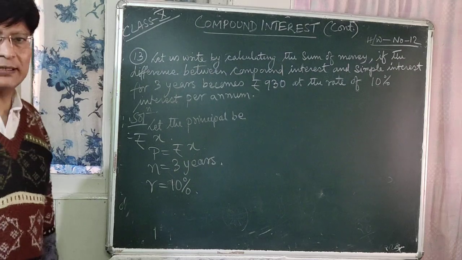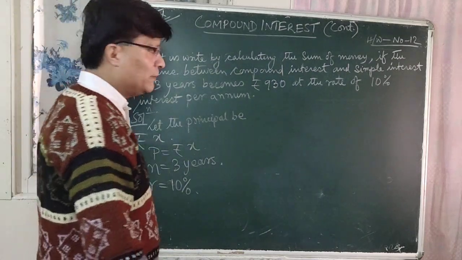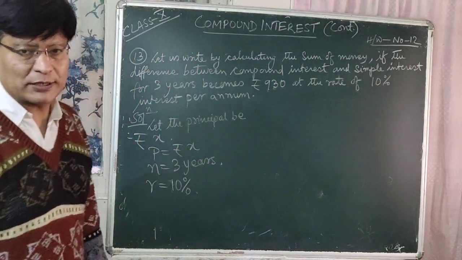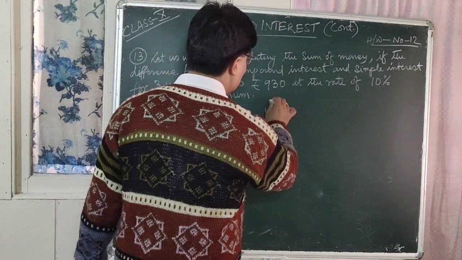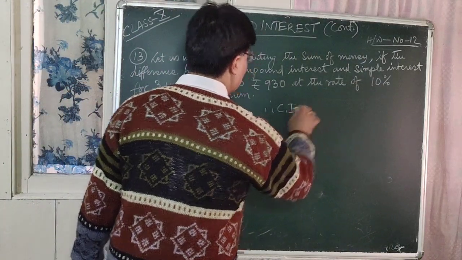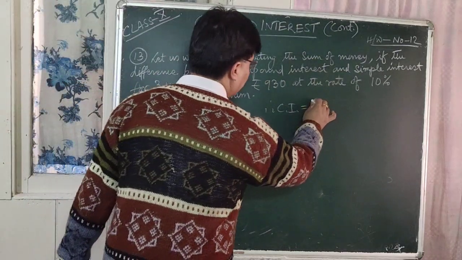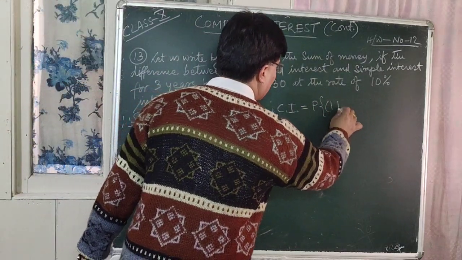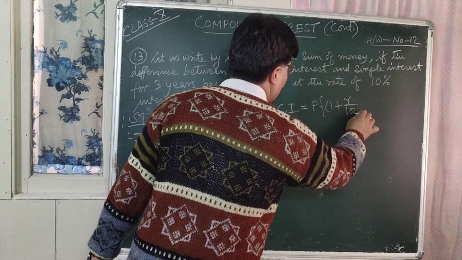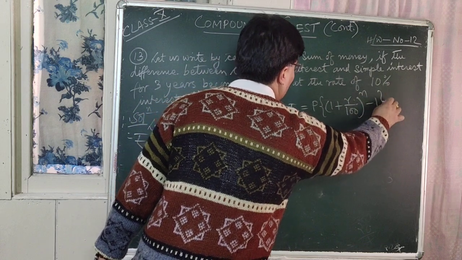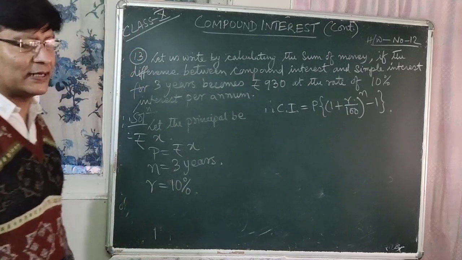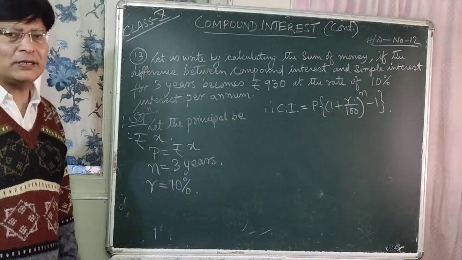Now let us calculate the compound interest first. You know the formula of compound interest, isn't it? So CI is equal to P within second bracket 1 plus R upon 100 whole to the power n minus 1. That is your formula for compound interest.